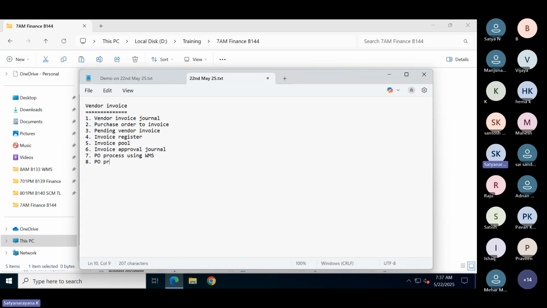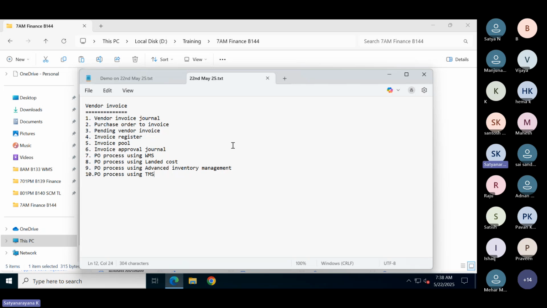Next, PO process using landed cost. Next, PO process using advanced inventory management. Next, PO process using TMS also there. Nowadays we are not using it. So vendor invoice can be executed in 10 different ways.